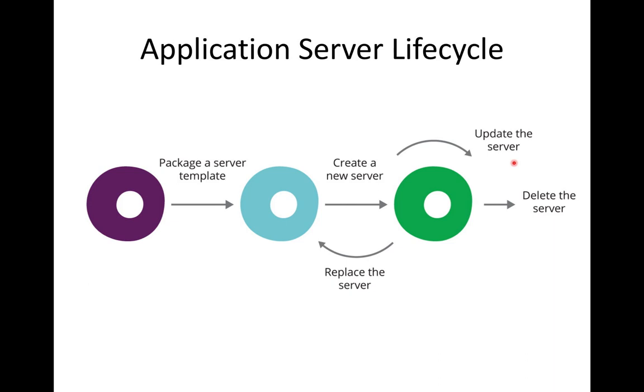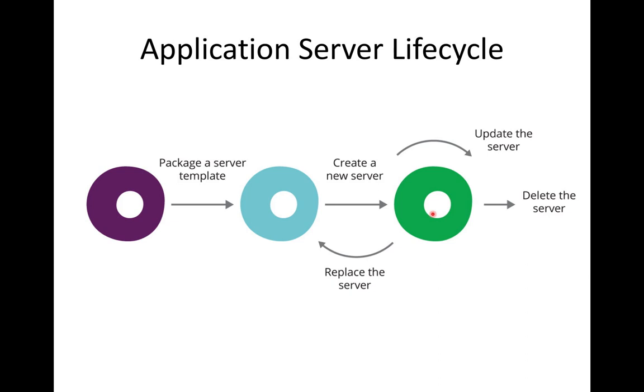When you launch a server, you start by selecting a template, right? And in our EC2 instances, we're selecting an Amazon machine image, and that machine image serves as the template for our instance. So we start with this template, and we use that then to create a new server.